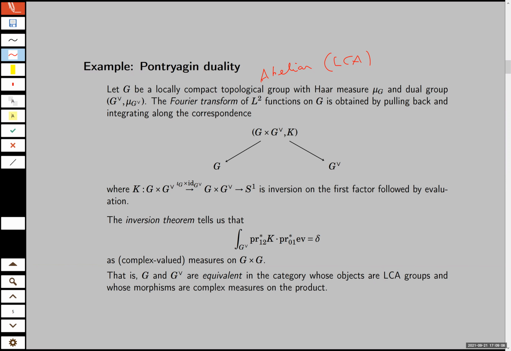So in other words, if this is P and this is Q, then F of P at theta is just the integral over G of the pullback of P times K. So it's a push-pull formula.